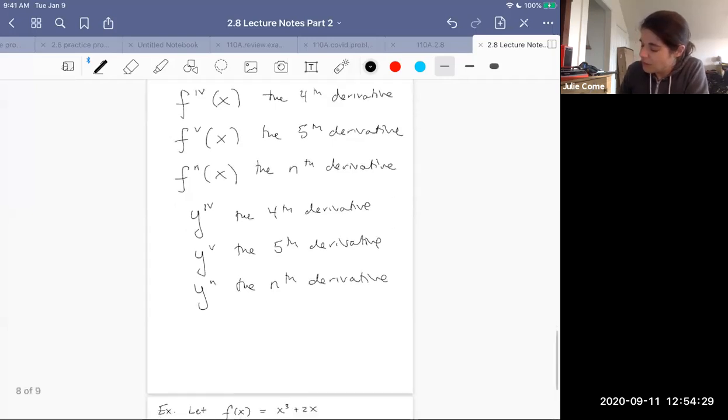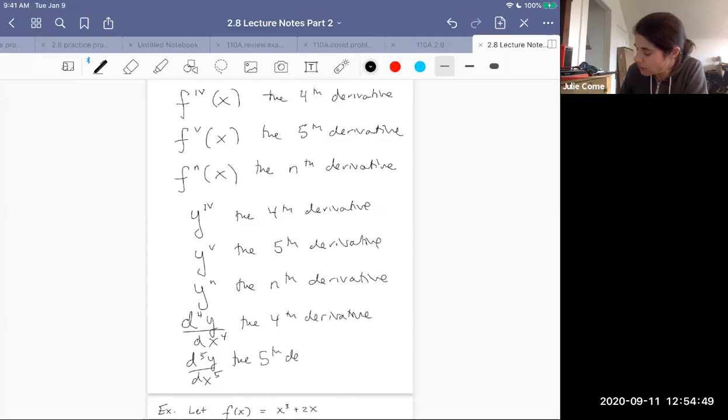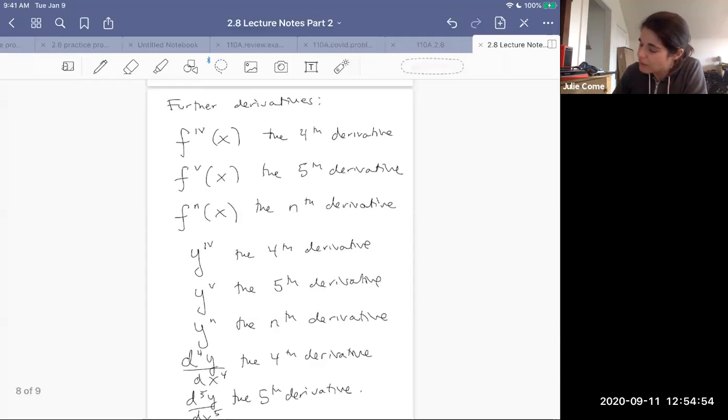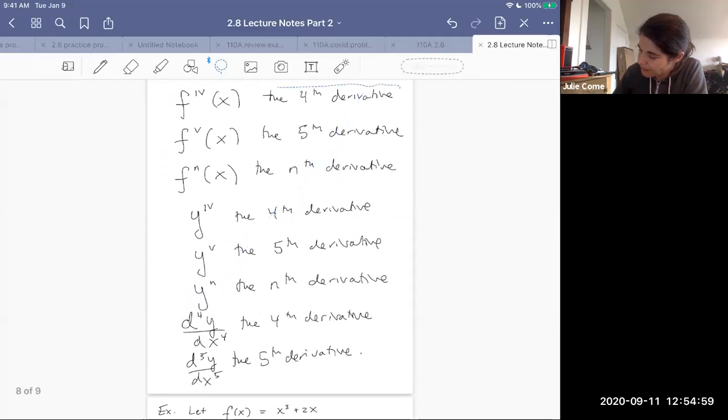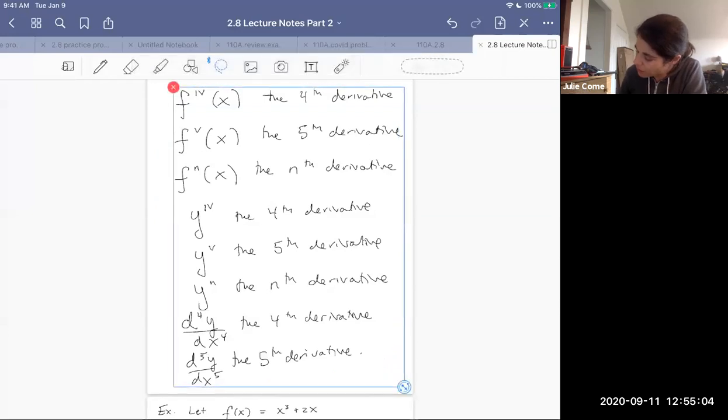And in Leibniz notation, we also have it. Remember, we can say d4y over dx to the fourth. This would be the fourth derivative in Leibniz notation. d5y over dx to the fifth would be the fifth derivative in Leibniz notation. And if I wanted to express the nth derivative in Leibniz notation, the nth derivative will be what you expect.